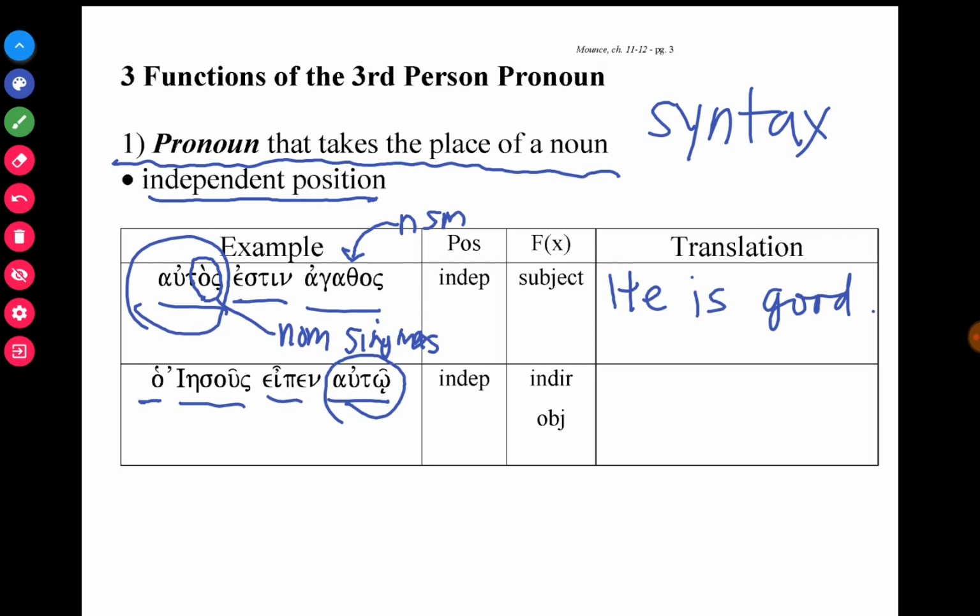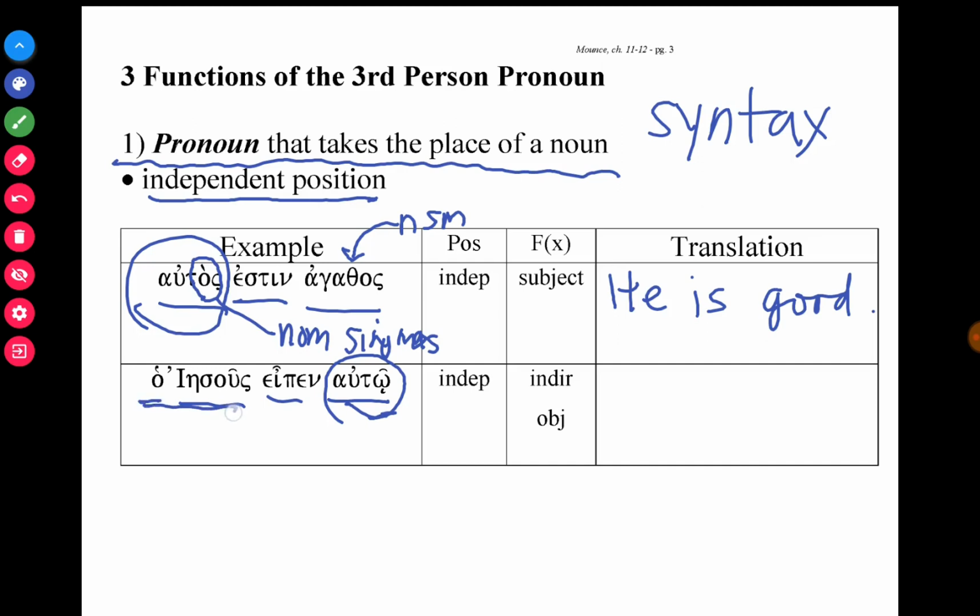It can be the subject of the sentence, the indirect object, the direct object, the predicate nominative. But the most important thing is that we look at the case ending, and we know how to translate this form of autos in English according to its case, number, and gender.